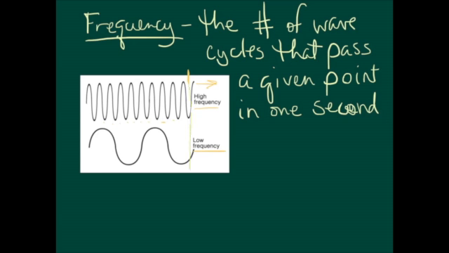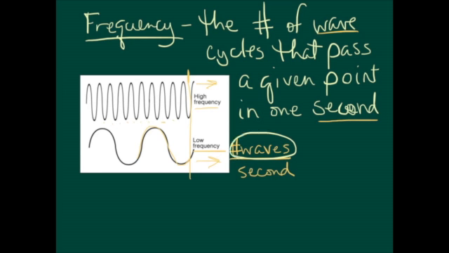The low frequency wave, if we were to look at the same point, the wave still moving this direction, it's going to take much longer period of time for one complete wave oscillation to pass that point. The units for frequency are waves per second.